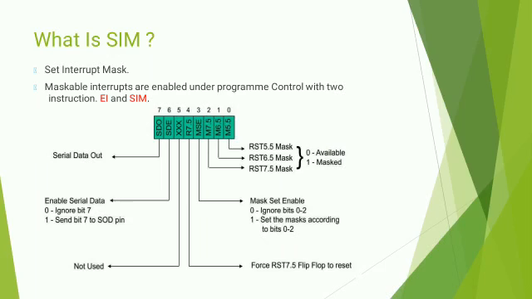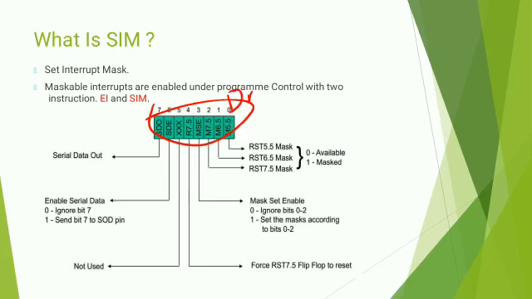It is also used to transmit serial data through the SOD pin. It is used along with the content of the accumulator, valid only for RST 7.5, RST 6.5, RST 5.5.